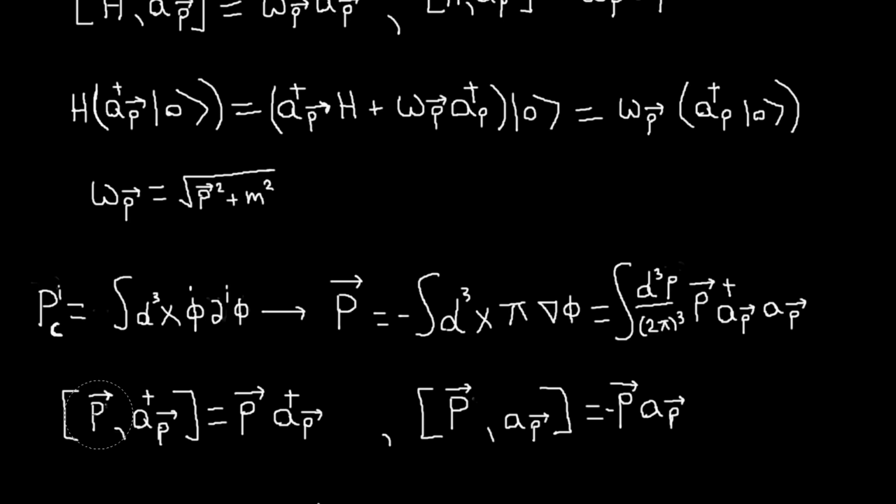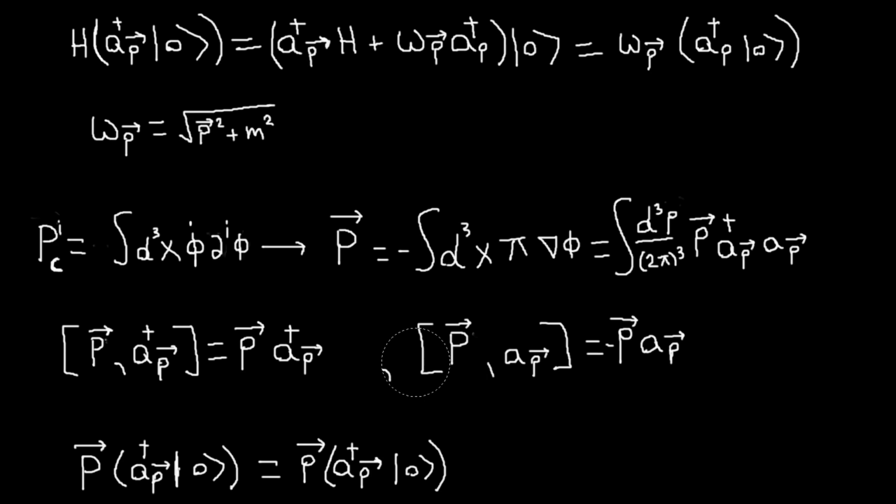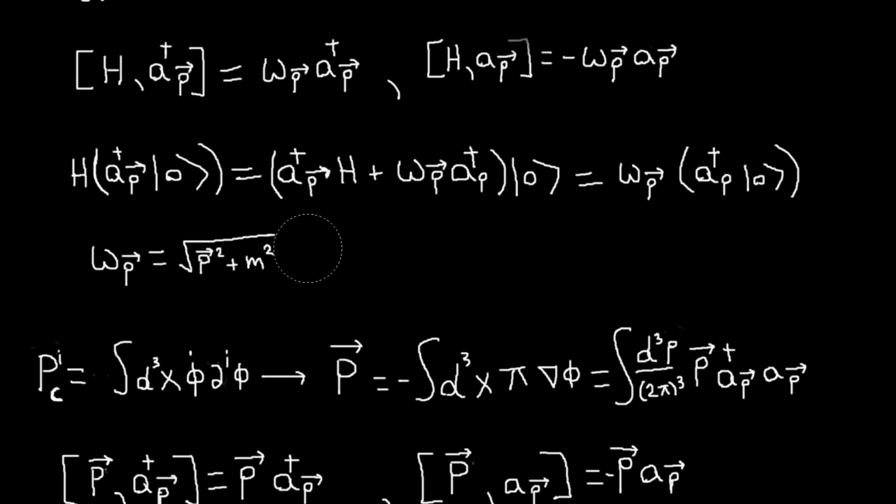So the commutator of P with A dagger is p A dagger, and similarly for the lowering operator. And so we can just immediately say that the momentum eigenvalue of our one particle state is just p, which is what we would expect. And again, it's consistent with our interpretation of this operator creating a particle of momentum p and hence energy omega p.